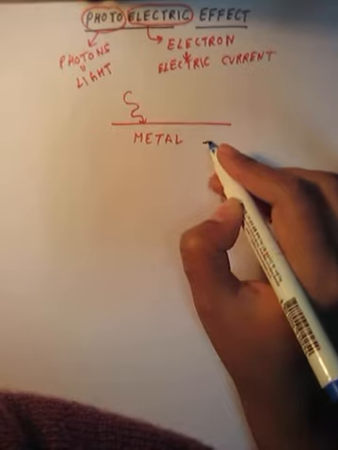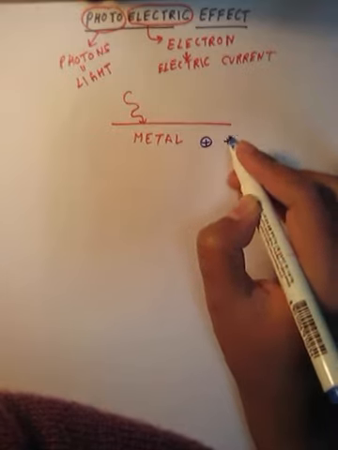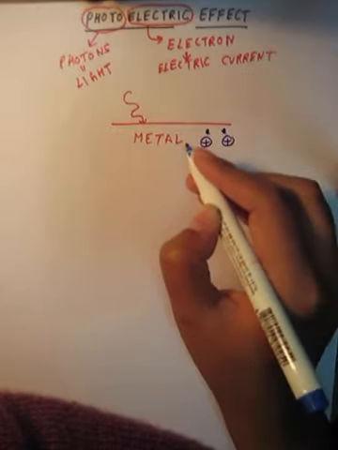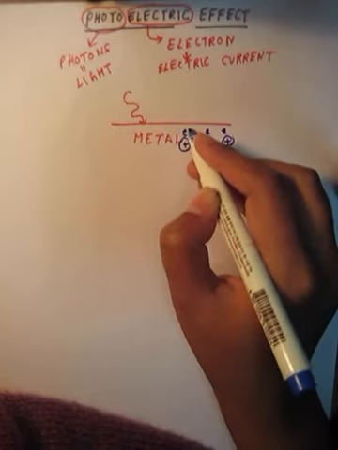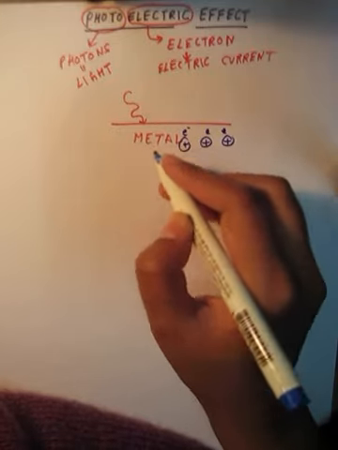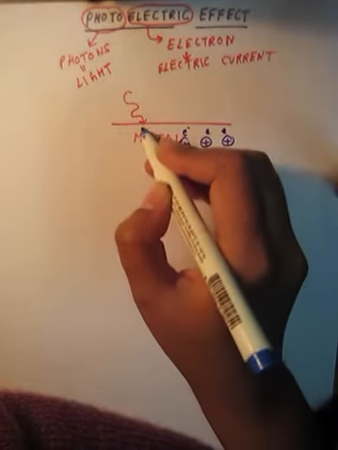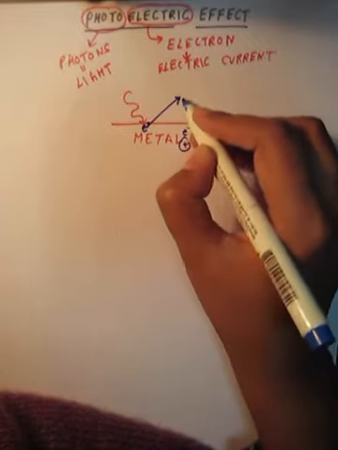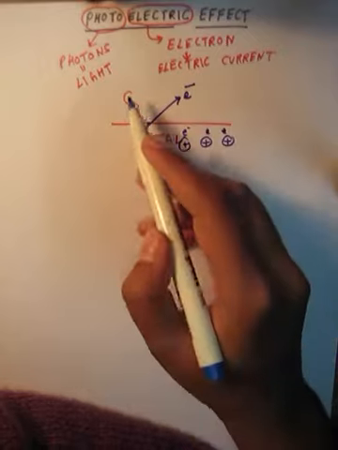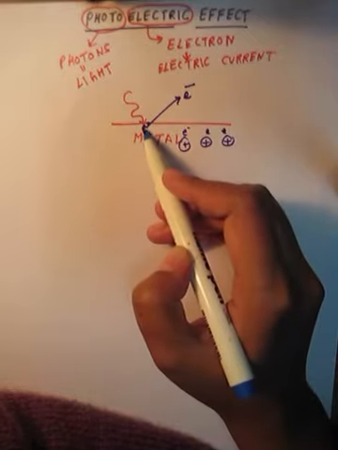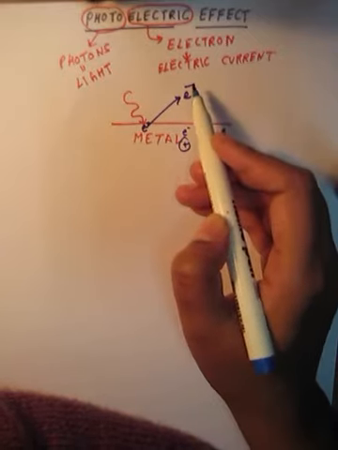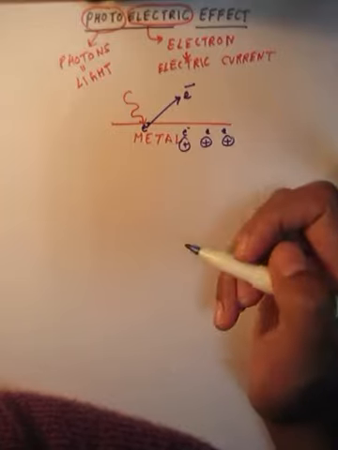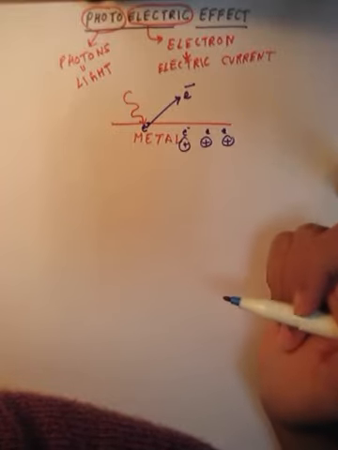Metal just means that you have positive ions and you have some free electrons attached to these positive ions. These electrons, they're moving all the time. So let's say that one of the electrons in the metal is ejected out of the metal. When this photon falls on the metal, then electrons are ejected out of the metal. That is called photoelectric effect, just in simple language.